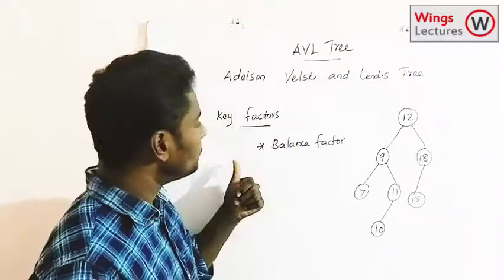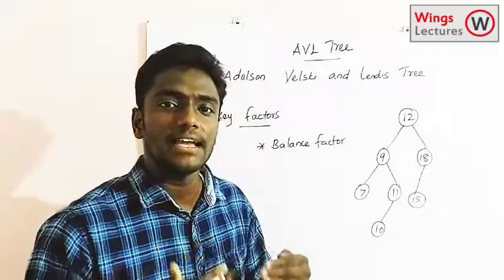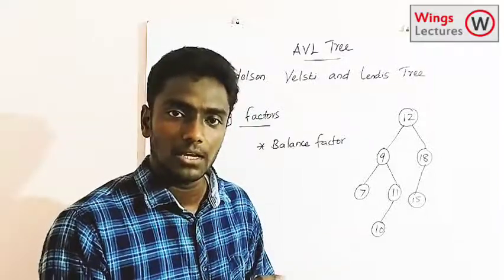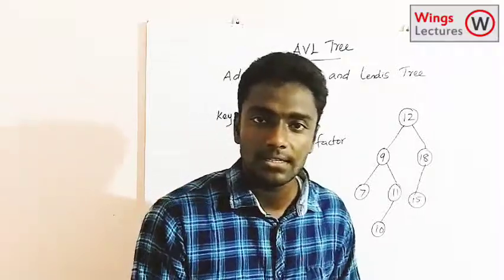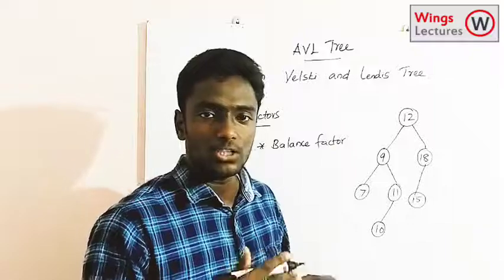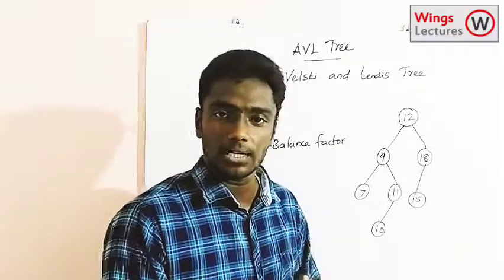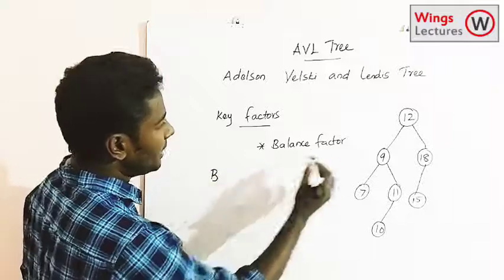Here the key factor is the balance factor of each and every node of the tree. So what is the balance factor? How are we going to calculate it? It's very simple. We all know how to find the height of the tree or the height of a particular node.